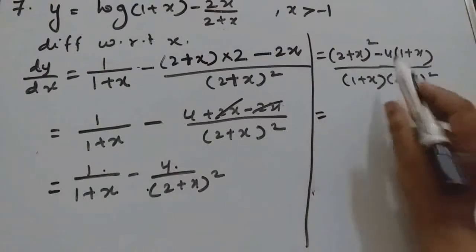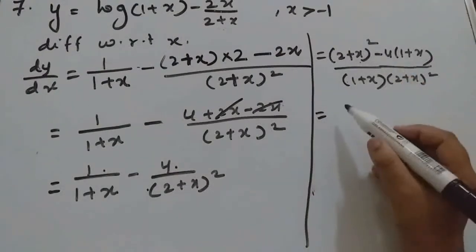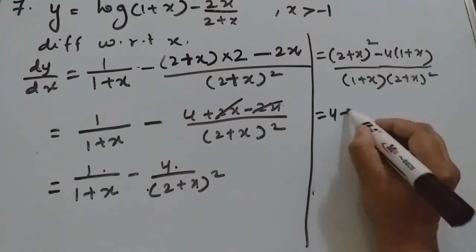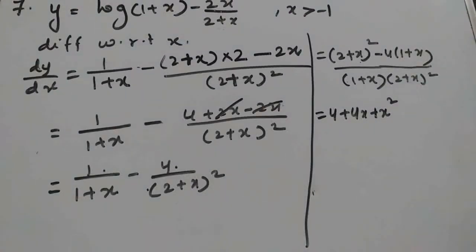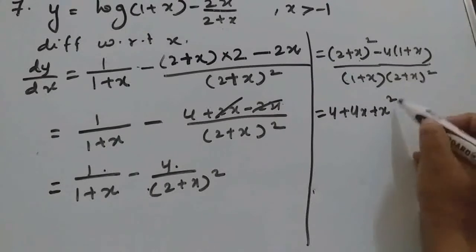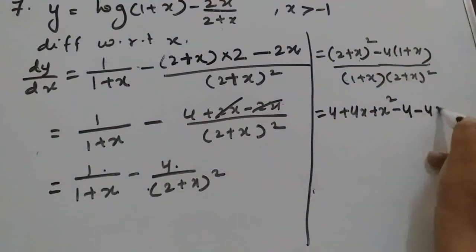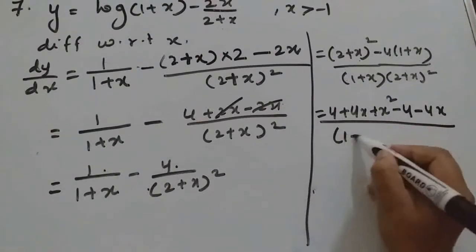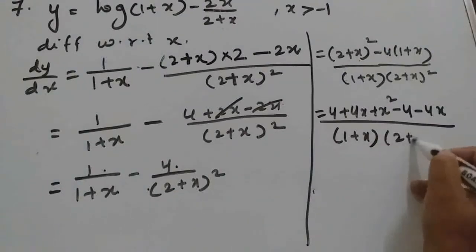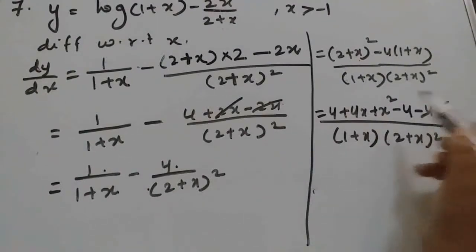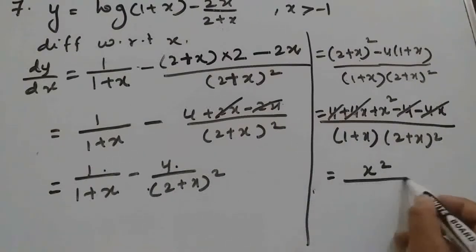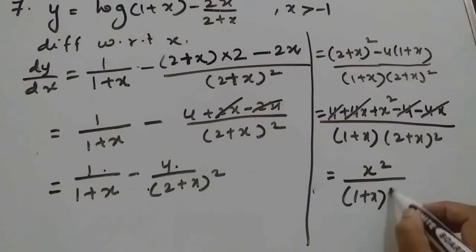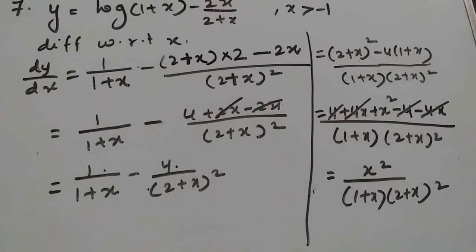Now (2 + x)² we can open using identity, so 4 + 4x + x². And for this, open the bracket, minus 4 minus 4x, divided by (1 + x)(2 + x)². See, plus 4x minus 4x will go, so the answer is x² by (1 + x)(2 + x)². This is the derivative, dy by dx.